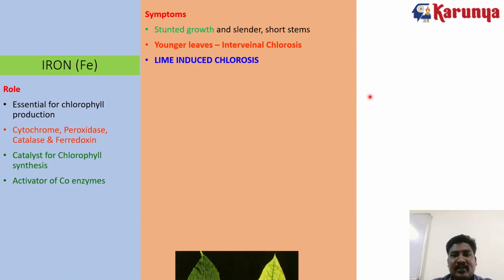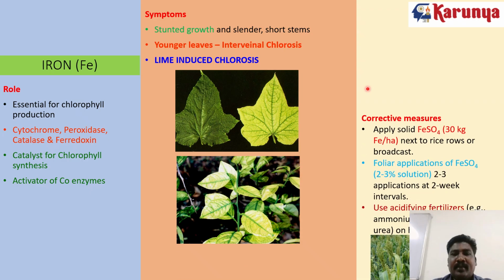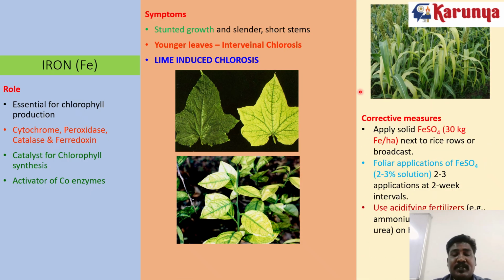Next, iron. This is also a very important micronutrient which will show the deficiency symptoms widely. The role of iron is mainly for essential chlorophyll production. By seeing this image, you can see it is not showing any chlorophyll because of the deficiency of iron. And cytochrome, peroxidase, catalase and pyridoxine, iron is the main catalyst for chlorophyll synthesis and activator of coenzymes.